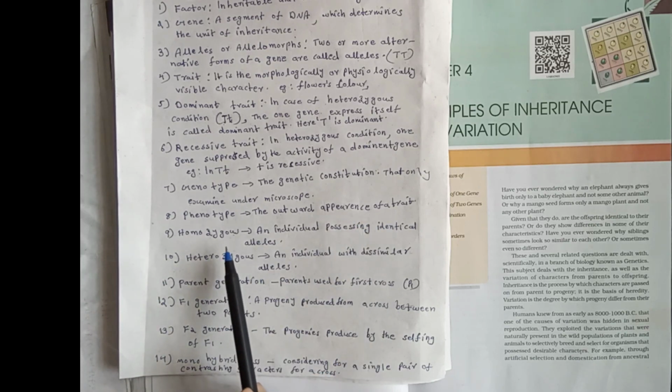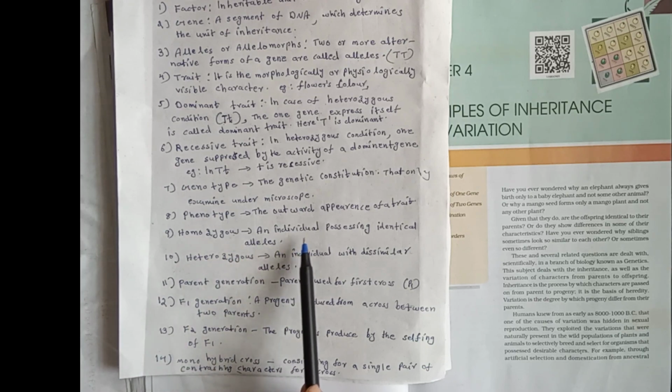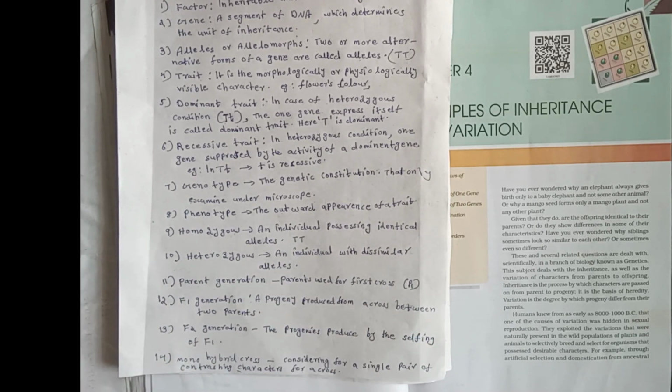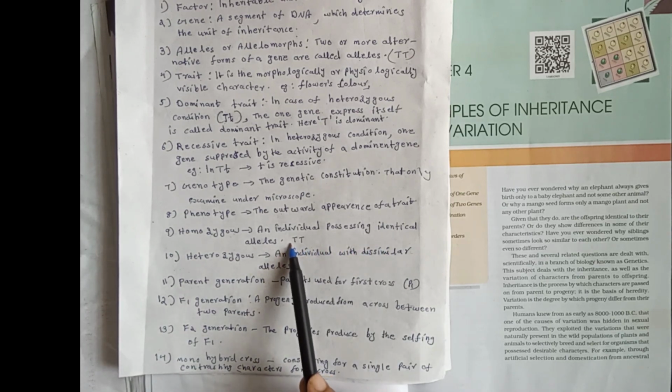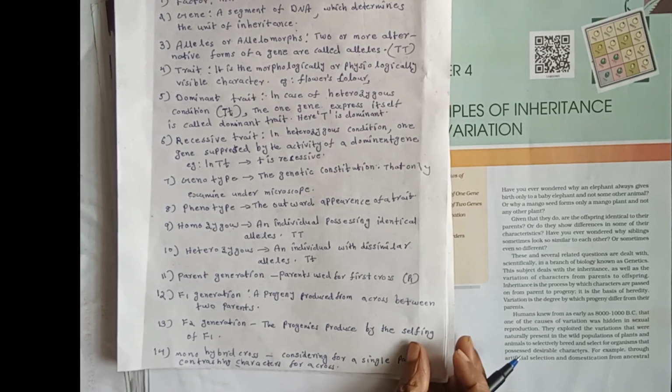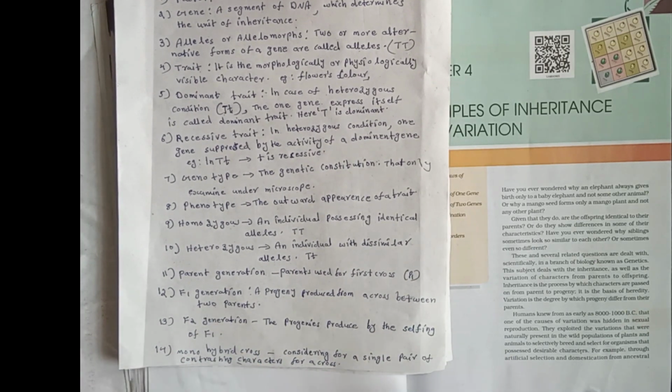Next, homozygous condition: an individual possessing identical alleles. This is the homozygous condition of tallness. Heterozygous condition: an individual with dissimilar alleles. Next term, parental generation: parents used for the first crossing.